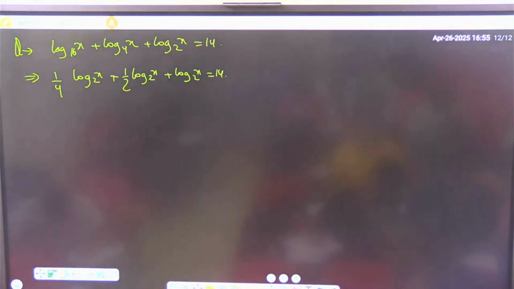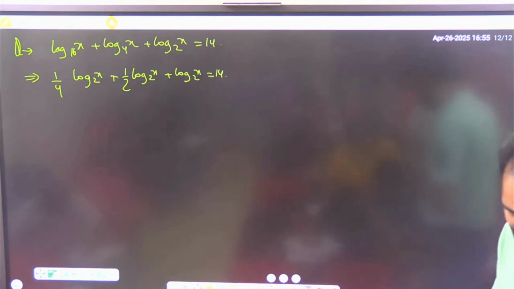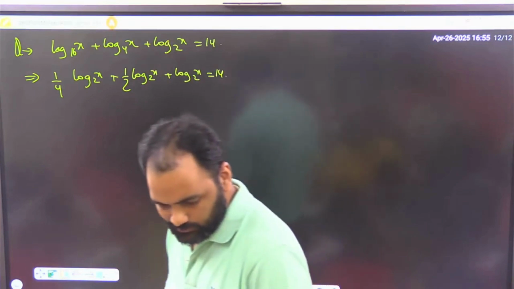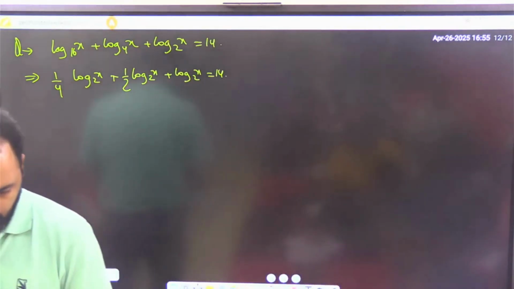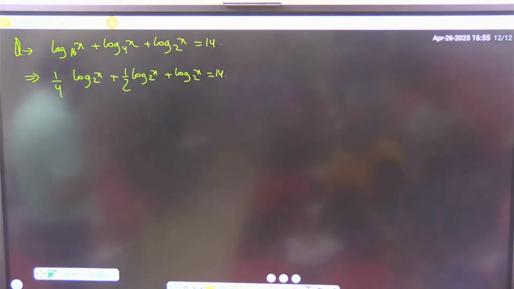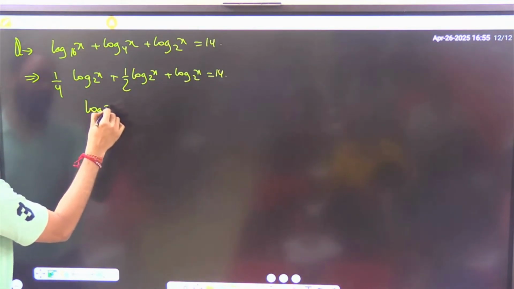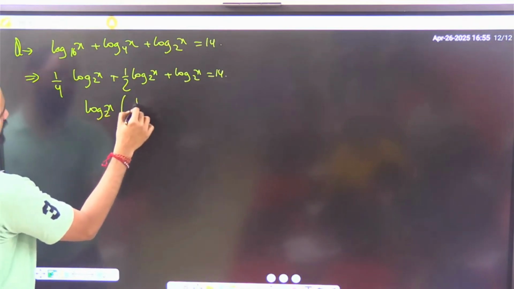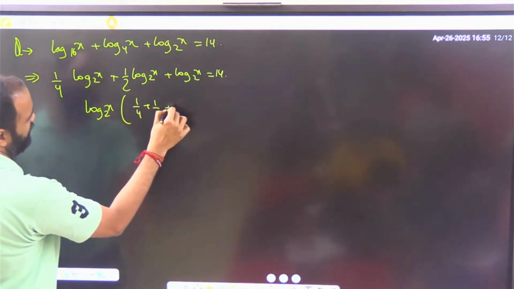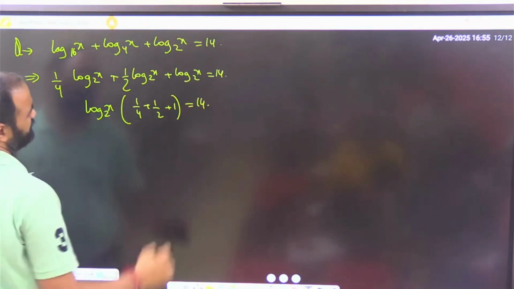So we take log x to the base 2 common. In the bracket we get 1 by 4 plus half plus 1, is 14.